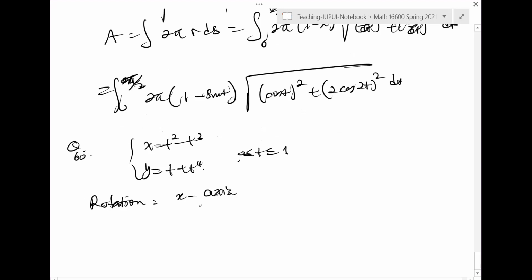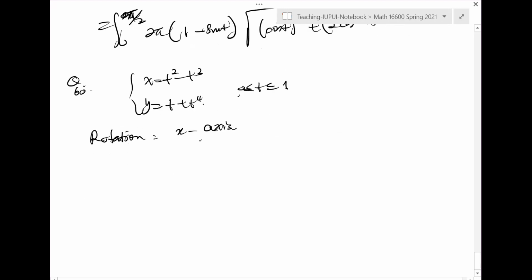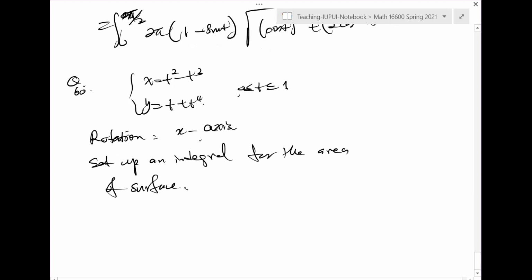So set up an integral for the area of the surface. Please do it, and then let me know what we got.